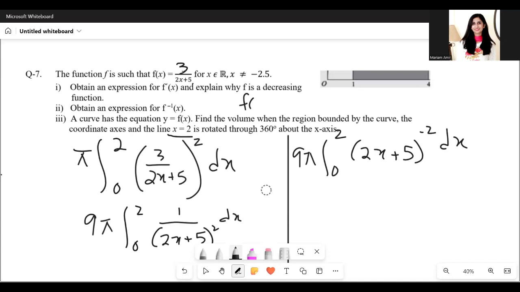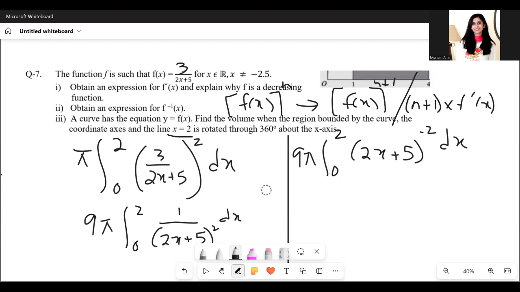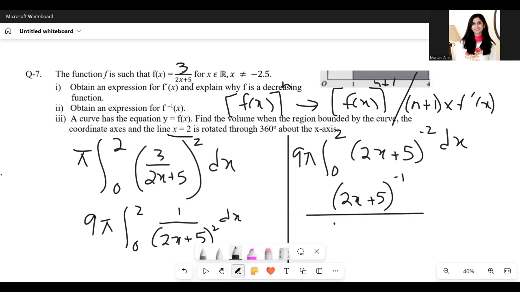I hope you remember from class that the integration of f(x) to the power n is f(x) to the power n plus 1 upon n plus 1, times f prime x. So we have 2x plus 5. N plus 1 would be negative 2 plus 1, which would be negative 1. And in the denominator, we'll also write negative 2 plus 1, which is negative 1, times f prime x, which is the derivative of this, that's 2.